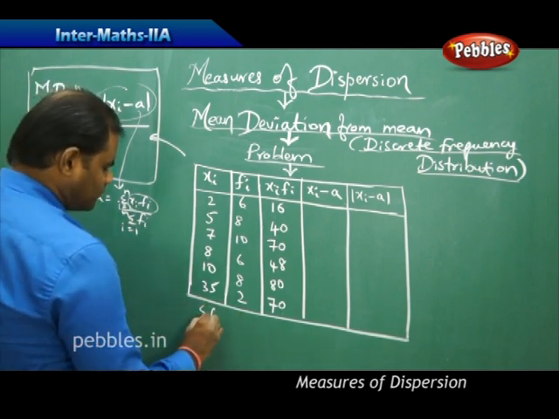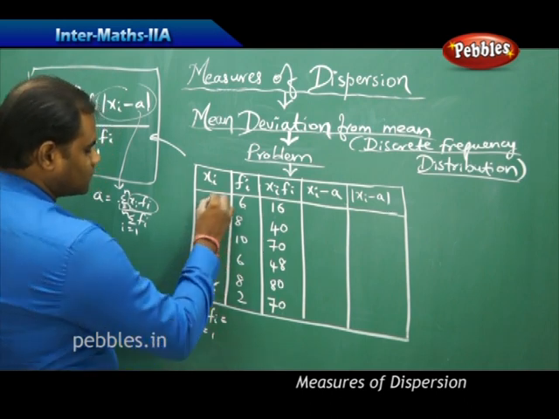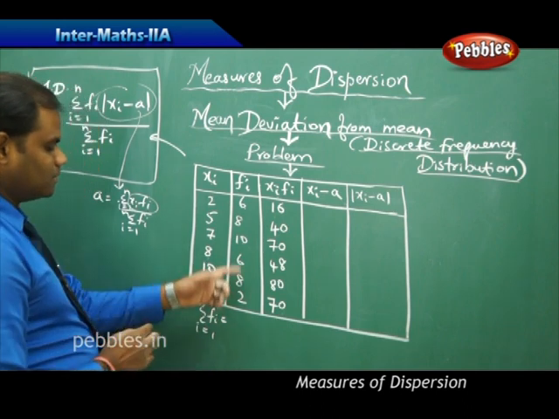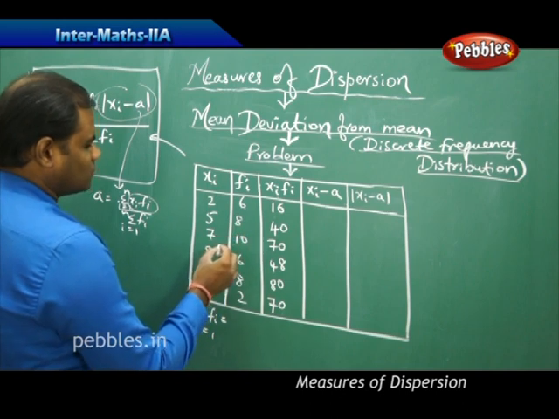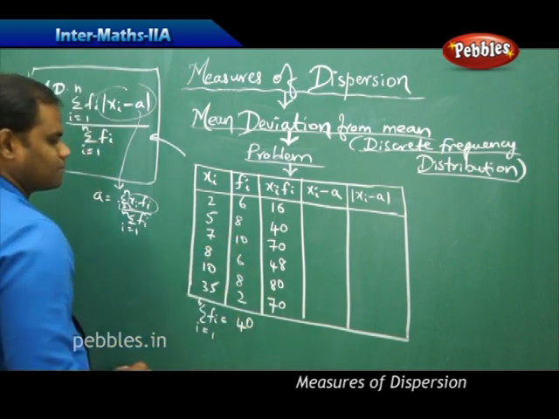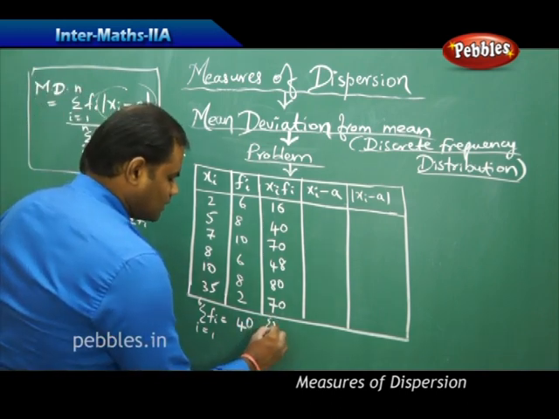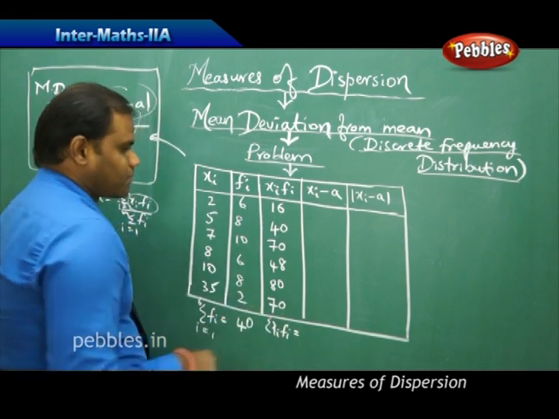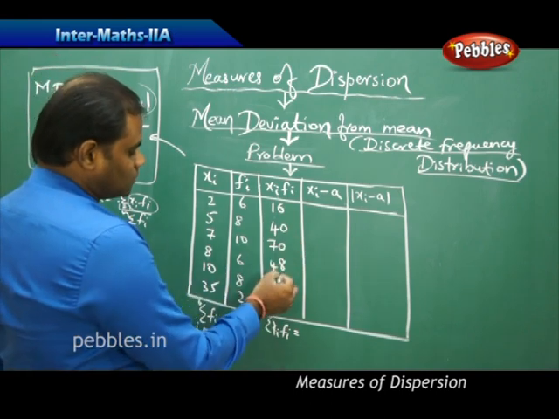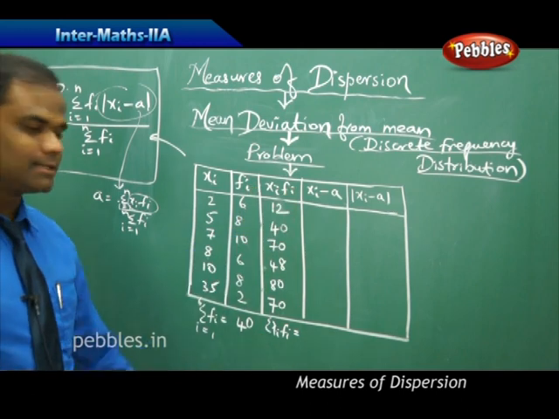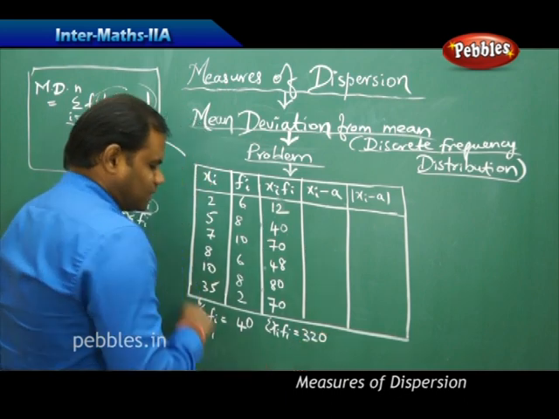Now this is sigma fi, which I am going to find from i running from 1 to 6, which will be 8 plus 2, 10, 16, 26, 26 and 14 is 40. And then this will be sigma xi fi, which on adding, 70, 140, gives me sigma xi fi, which is nothing but 320.